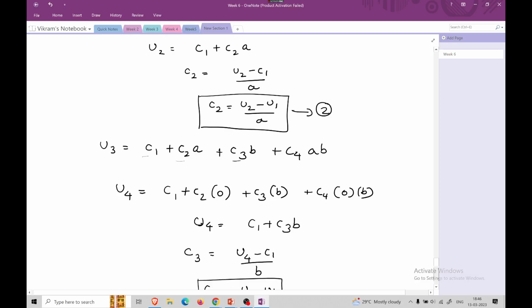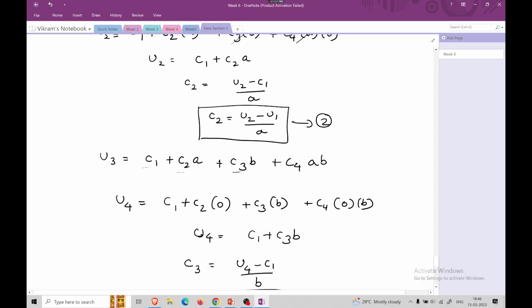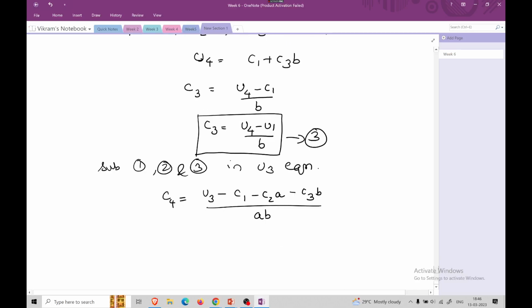Correct? First I bring all the terms to the left hand side, then I divide both sides by AB so that C4 remains on one side. Now simply substitute everything: U3, C1 is U1, C2 is U2 minus U1 by A into A, and C3 is U4 minus U1 by B into B, the whole thing divided by AB.